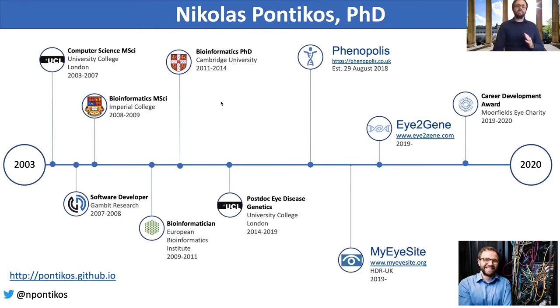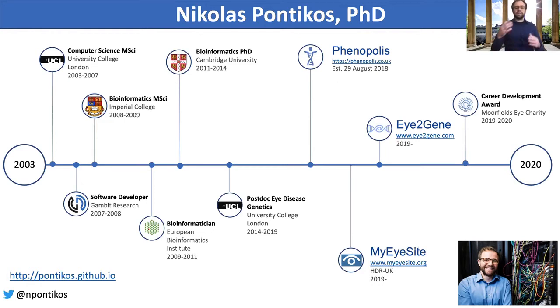After completing my PhD, I moved back to UCL, to the Institute of Ophthalmology specifically, where I've been doing mostly the bioinformatics of rare eye diseases. A lot of my work has been around building databases of genetics data and also web services. And this led to me spinning out a company in 2018 called Phenopolis.